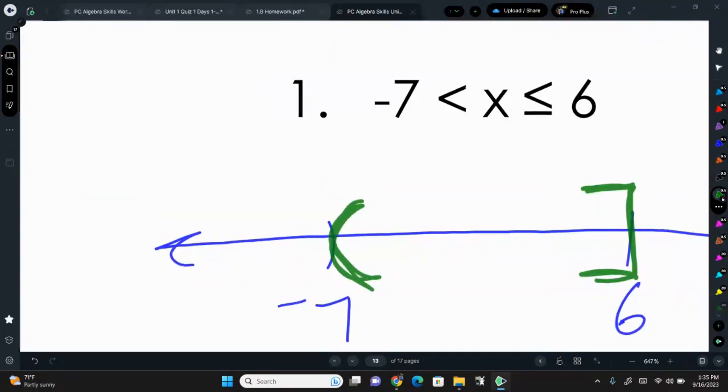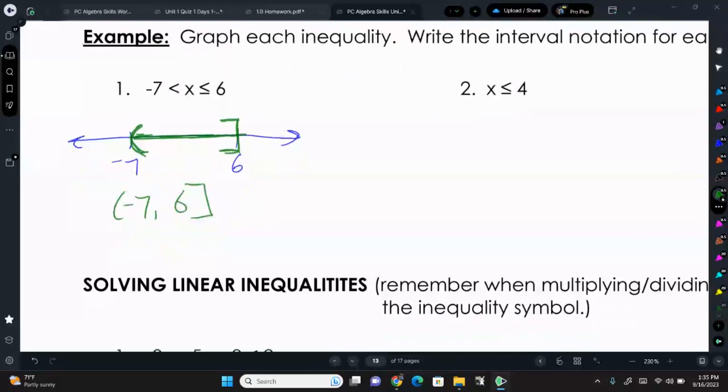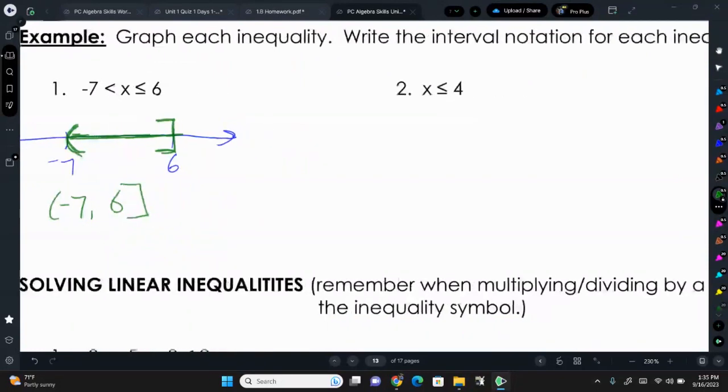So it would look like this, and then negative 7, comma 6. So you can see how using this different way of graphing the inequality will help us write our solution in interval notation.